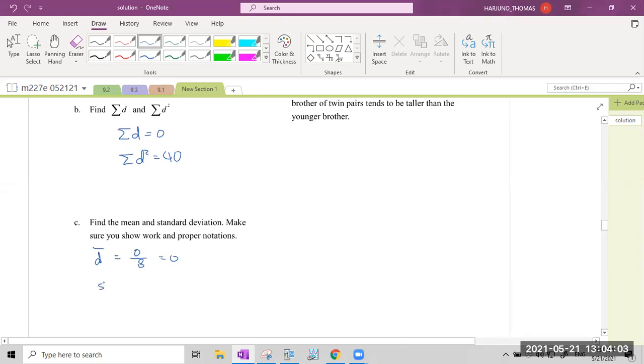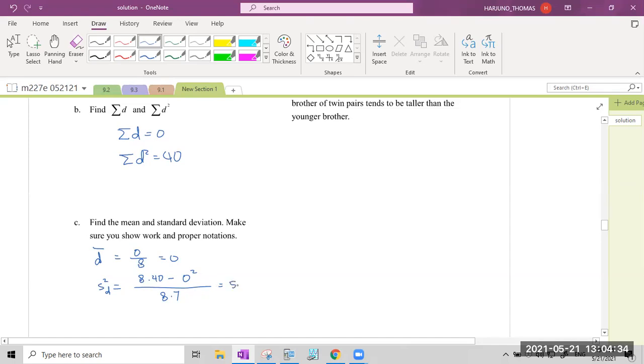Okay, I'm sorry, sample variance of the differences will be 8 times 40 minus the sum of d squared over 8 times 7. Is that right? Okay, that's basically 40 over 7.